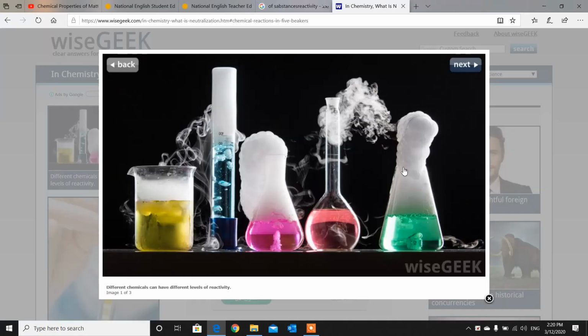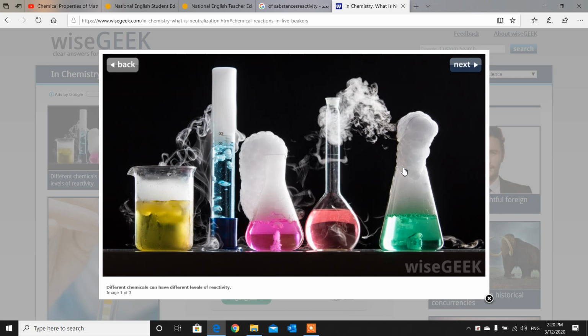So guys, another chemical property is reactivity. As you saw in the video, we can mix two liquids together. It will give us solids, and some of them give us gases. Okay, so they have more than one type of reactivity.